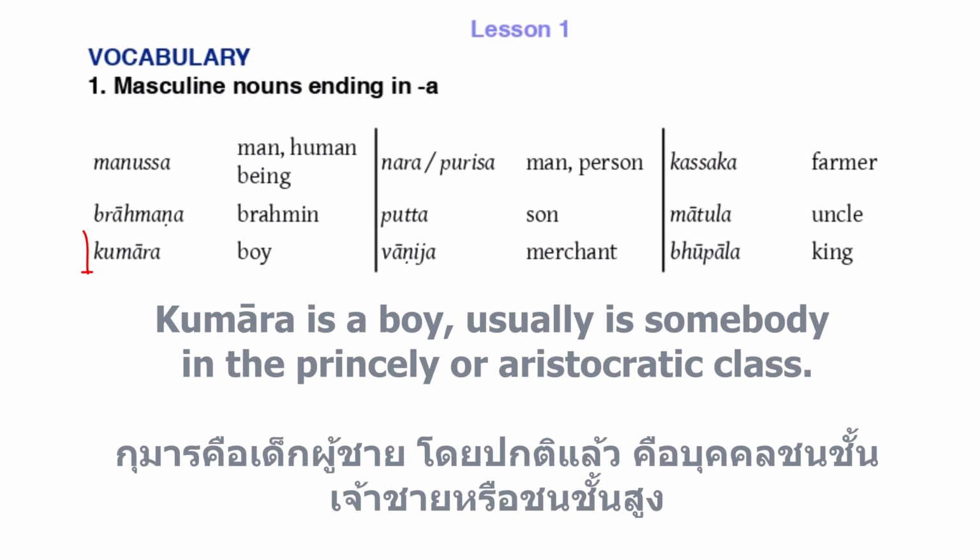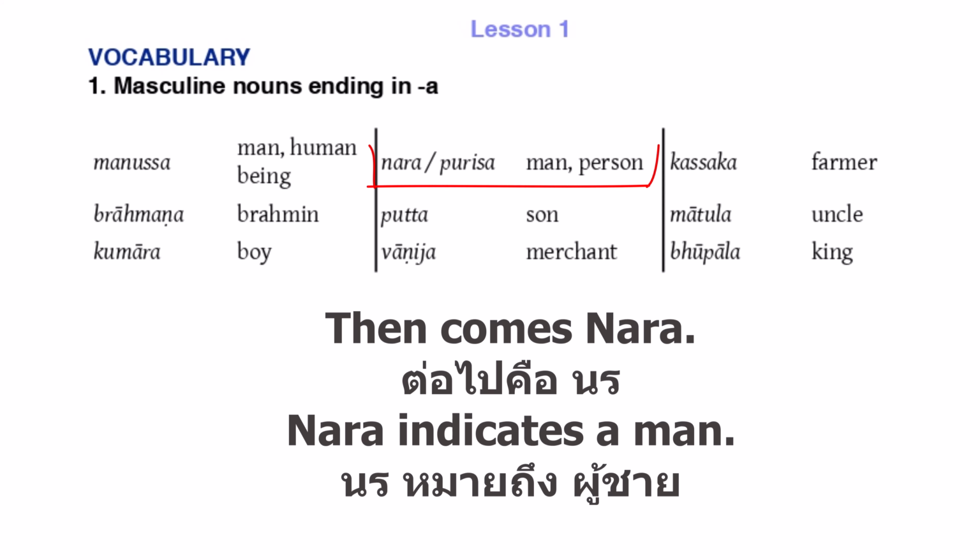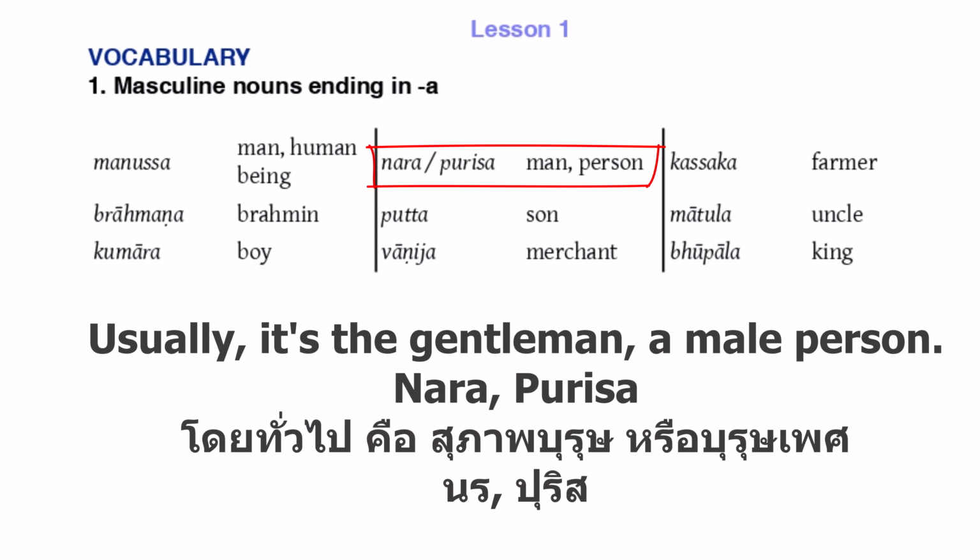Kumara. Kumara is a boy. Usually it's somebody in the princely, aristocratic class. Okay, then comes nara. Nara indicates a man. Usually it's the gender man, a male person. Nara.